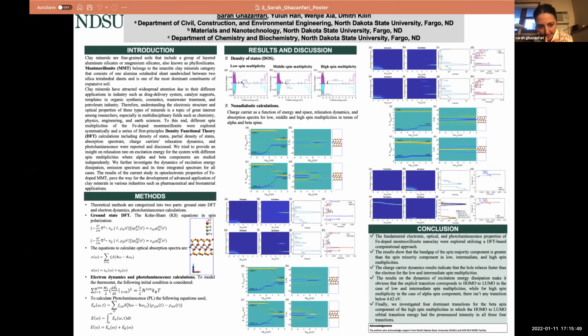I mean, I could be missing it. I'm looking at the equations, which are pretty small where I'm looking, but I don't see the equation for the green figs, and I'm not seeing the equation for the DOS either. Yeah, I just have the photoluminescence equations and just a small formula for imposing the initial condition for the thermostat.